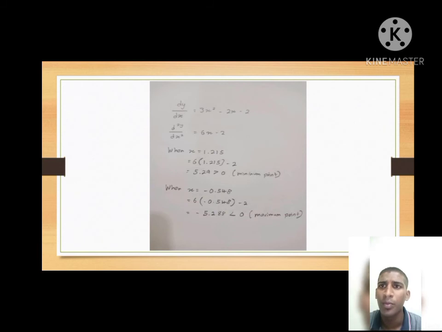This will be our maximum point, because the maximum point is when the value is lower than 0. Our value is negative, so it is lower than 0, so this is a maximum point. Now let's move on to sketch the graph, because we have the minimum and maximum points.